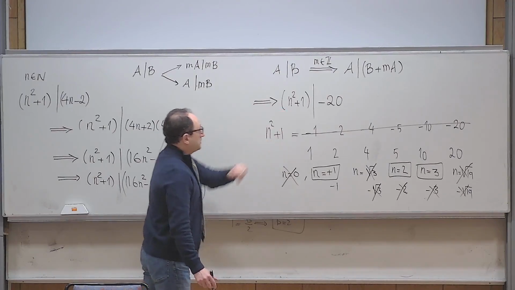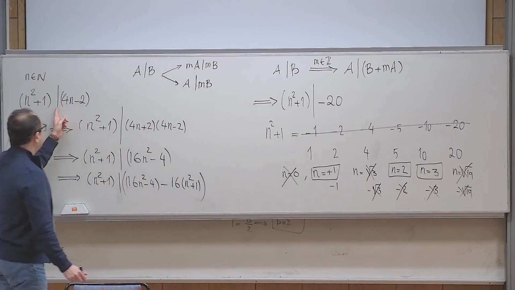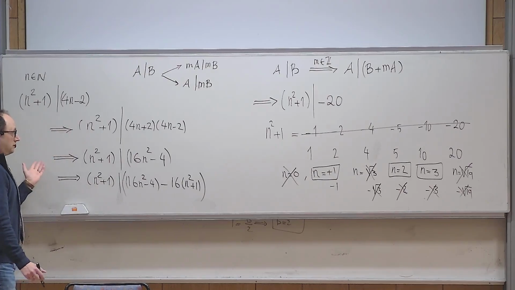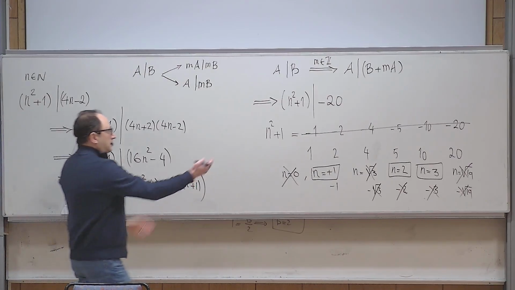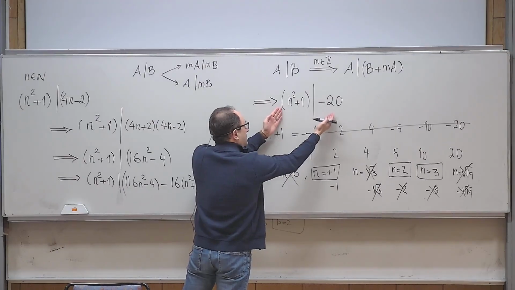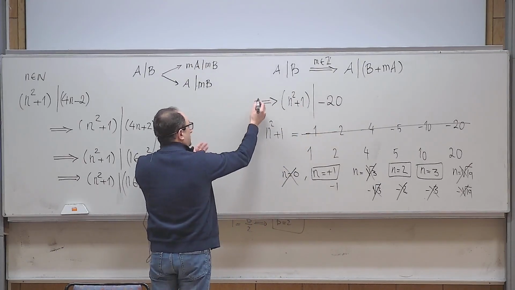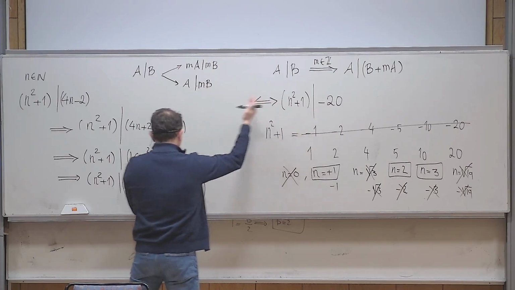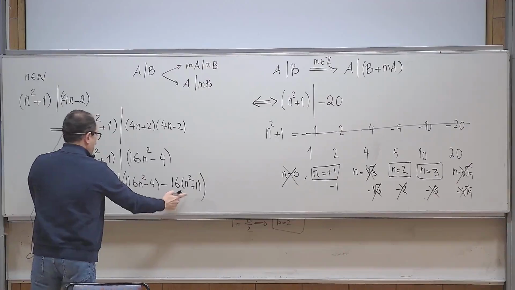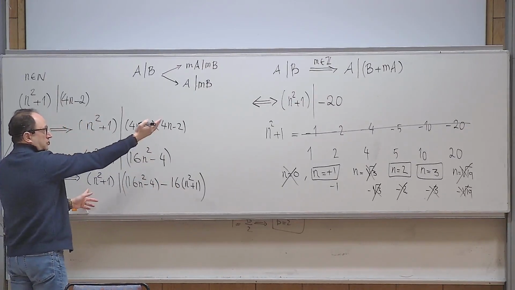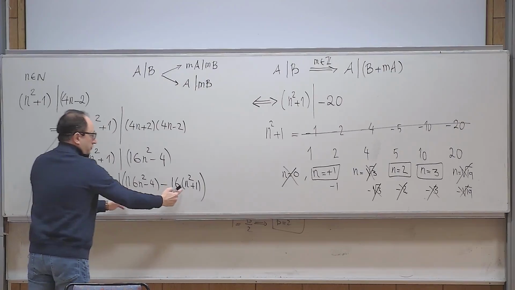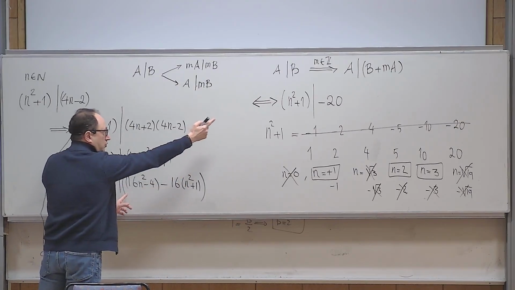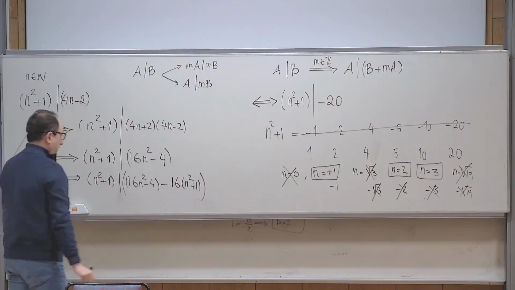This statement and that statement in the beginning are not equivalent. For example, is this statement reversible? In other words, can I go backward? If I grant you this, can I go backward and conclude this? The answer is yes, because you can write minus 20 in this form. That is correct. So you can go from that to here.